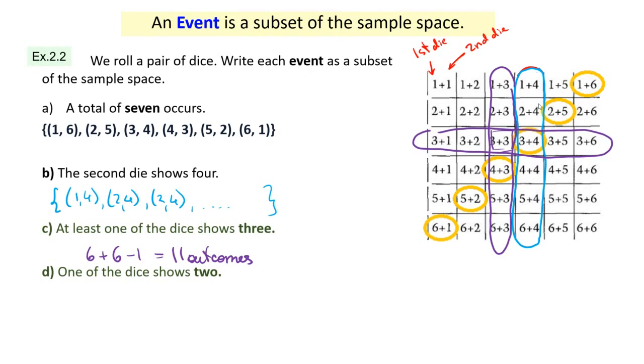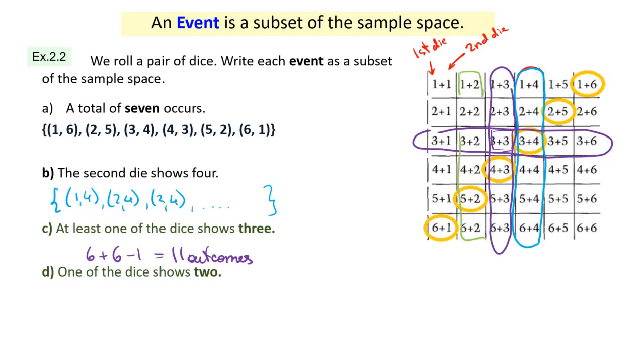One of the dice shows 2. You see the difference with the previous question? One of the dice shows 2 means not both, just one of the dice.